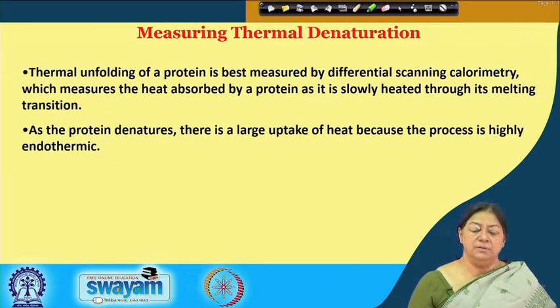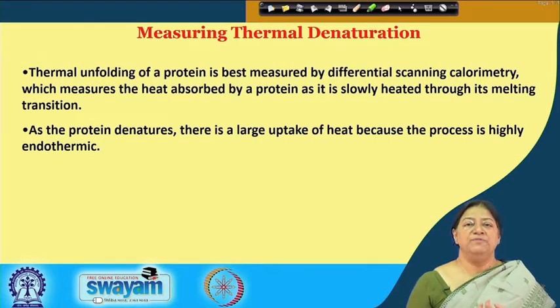Measuring thermal denaturation, we have to have a way to look at how the native structure is getting destroyed. So, if I have a specific characteristic that belongs to the native structure, say you have an absorbance, we have studied about UV absorbance, we studied about fluorescence spectroscopy. The protein native structure is going to have a definite UV spectra, it is going to have a definite fluorescence intensity profile, emission spectrum if we look at it.